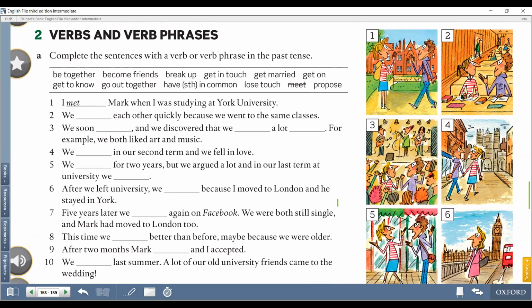Go on, number 2: We each other quickly because we went to the same classes. The options are get in touch, get married, get on, get to know, go out together, come, touch, propose.